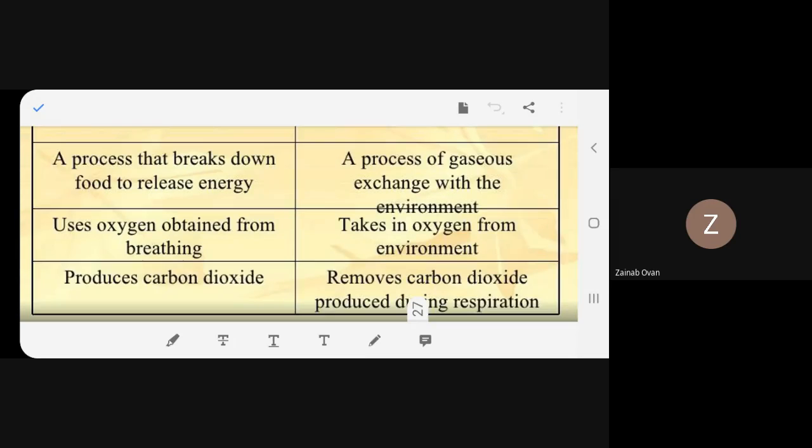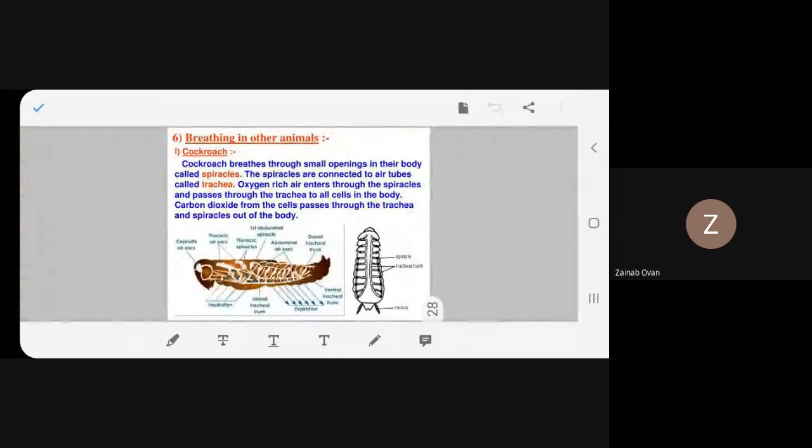And now this carbon dioxide is collected by the blood. It is taken to the heart. From the heart it goes to the lungs. From the lungs it goes to the nostrils or nose and then it is removed from the body. You understood now the mechanism? So this carbon dioxide, which is produced during respiration, is removed by the breathing process. Which process, beta? Not the respiratory process, but the breathing process. That is exhalation. I hope all of you have understood.